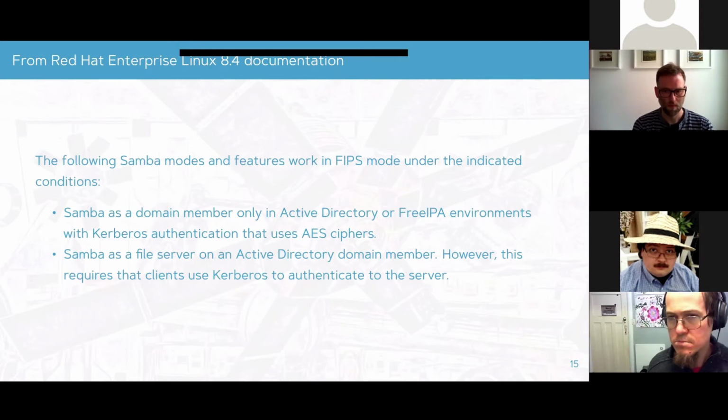So if you're a member in an Active Directory or FreeIPA environment, then Kerberos authentication with AES ciphers will work automatically in FIPS mode. If you're a file server on an Active Directory domain member, that will work again with Kerberos to authenticate.